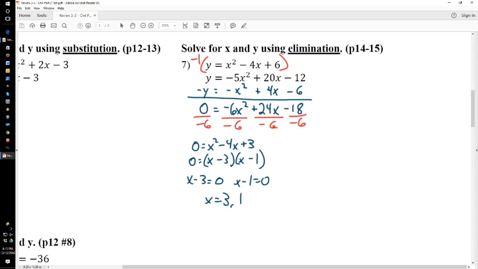Alright, again, if you're the type that you want to use the quadratic equation for everything, we could have done the same thing. In this case, you've got your a value, b value, and c value.